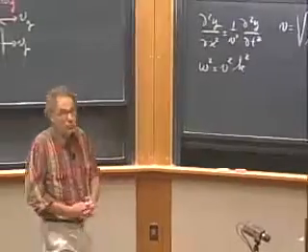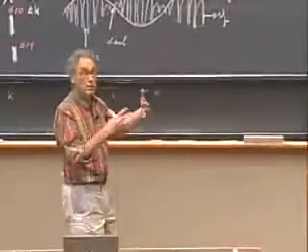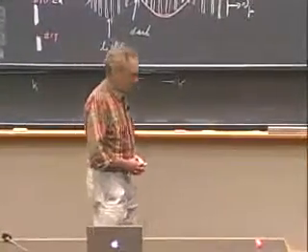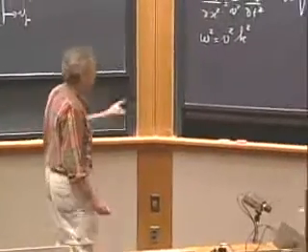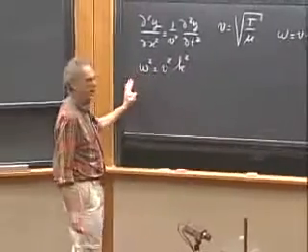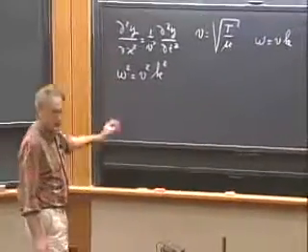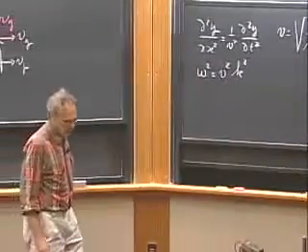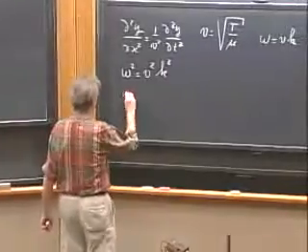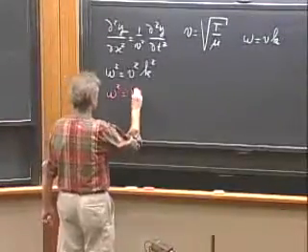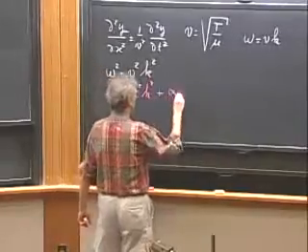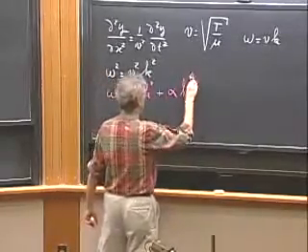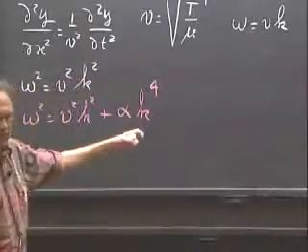If now you go through the whole procedure again, which is slightly more complicated, you will find a different relation between omega and k. And now you see that the medium becomes dispersive. Now you get that omega squared equals v squared times k squared plus alpha times k to the power 4. And this is the result of that stiffness.